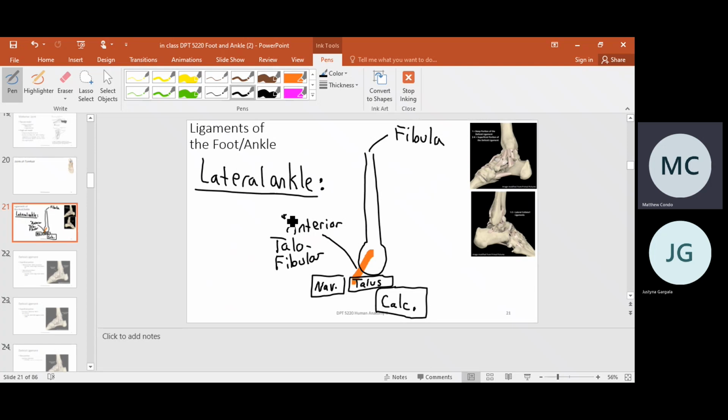This is why we see so many anterior talofibular ligament injuries in the clinic, especially sports injuries. You'll hear this commonly referred to as the ATF or the ATFL, and that's simply just the abbreviation.